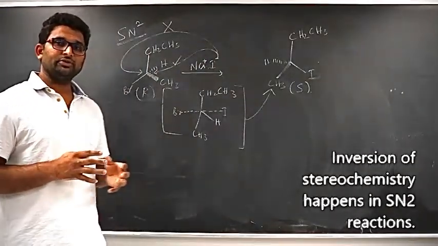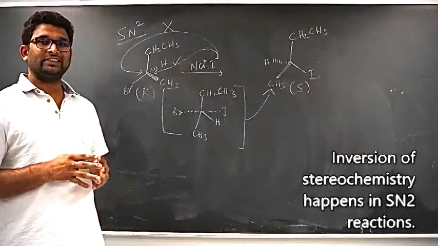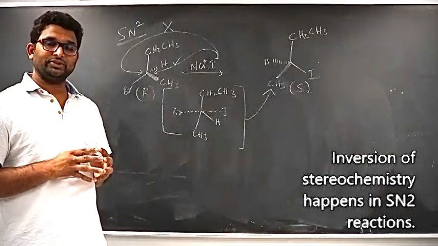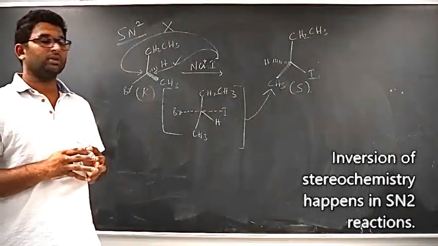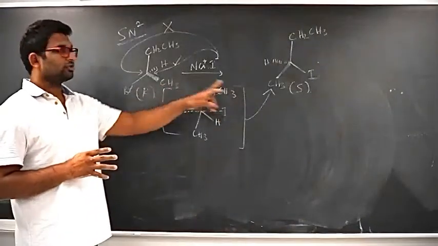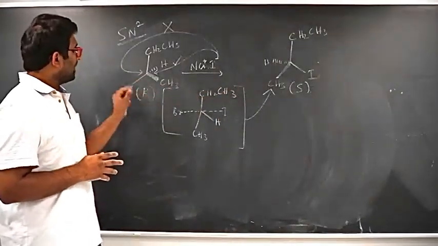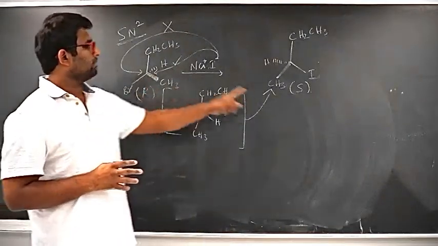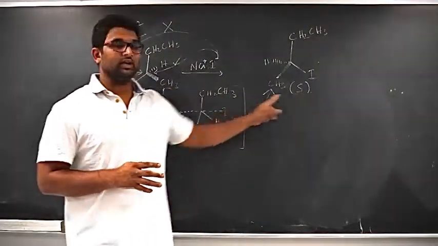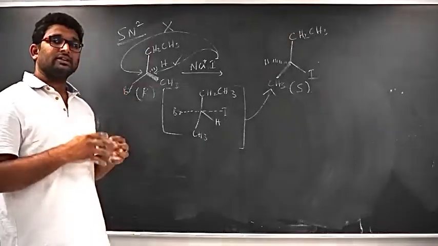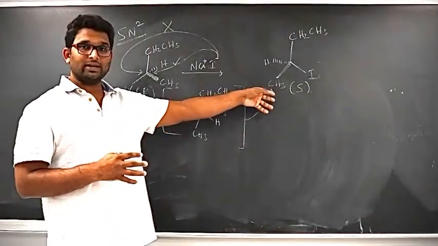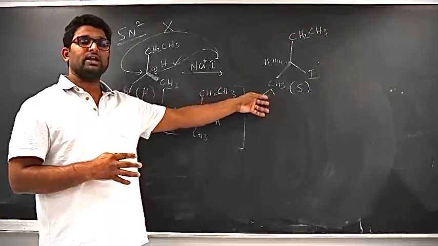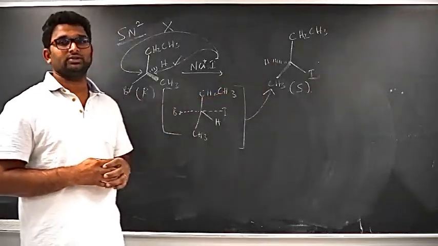Inversion of stereochemistry, that's what we observe in SN2 reactions, which is very important to remember. So we don't attain the same stereochemistry. If the attacking carbon is R configuration, it becomes S configuration. If the attacking carbon is S configuration, after the SN2 reaction it becomes R configuration.